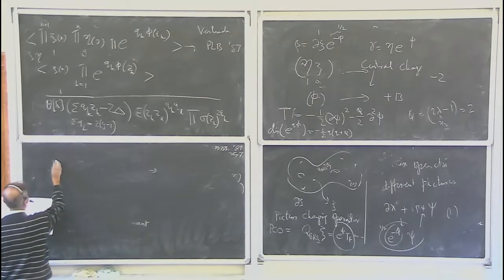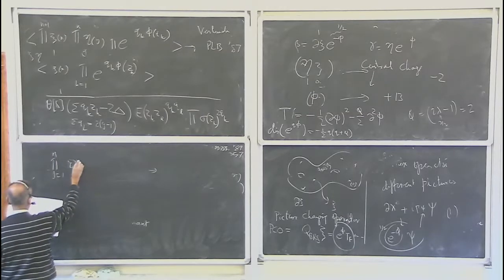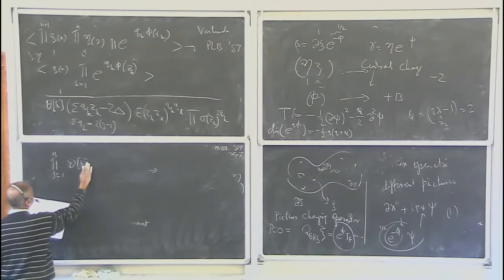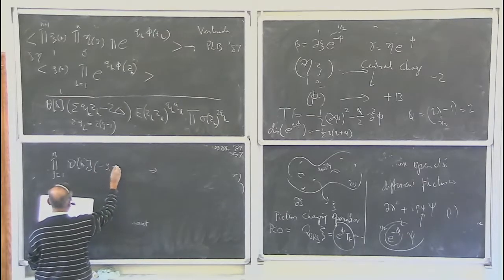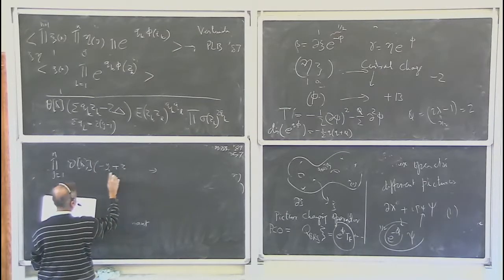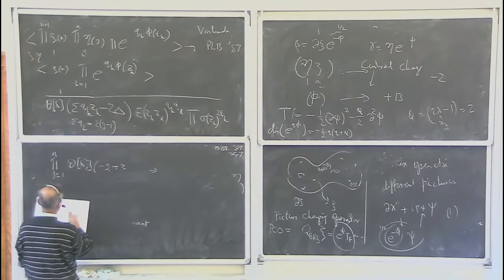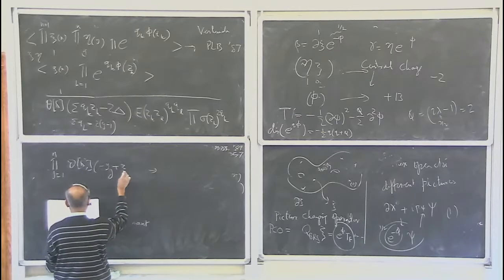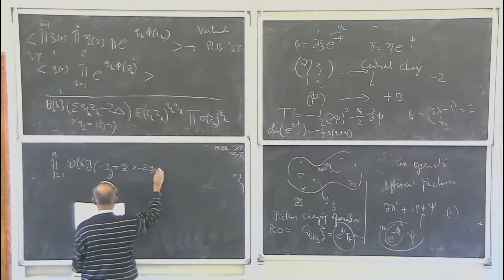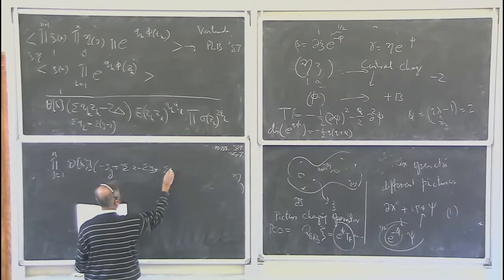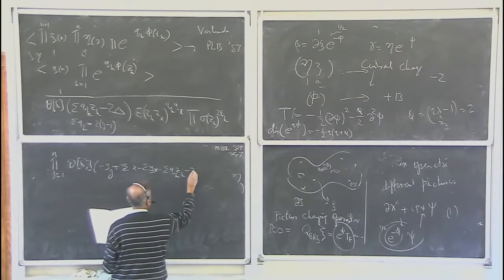So that goes like this: the product over j equal to 1 to n of theta of delta minus yi plus x yi, product over j, I think. This is yj, summed over x minus sum over y plus sum over qz minus 2 delta.